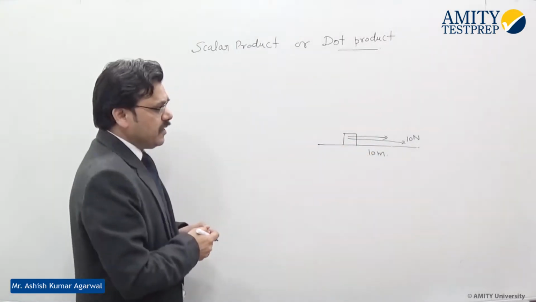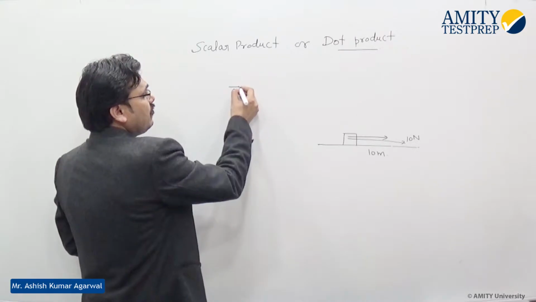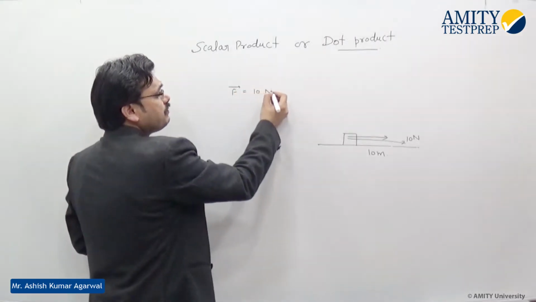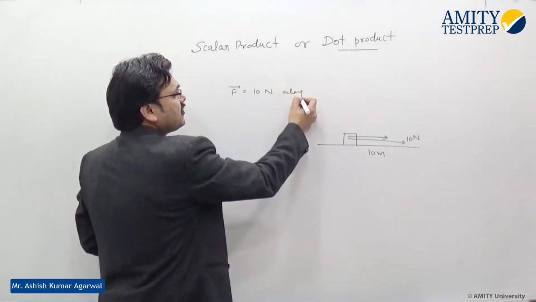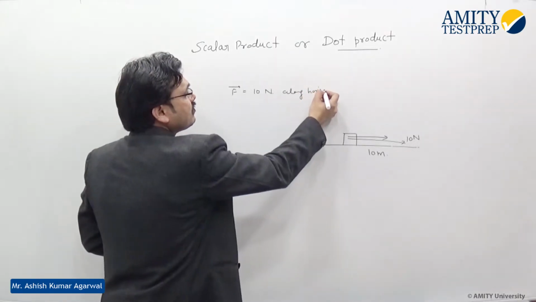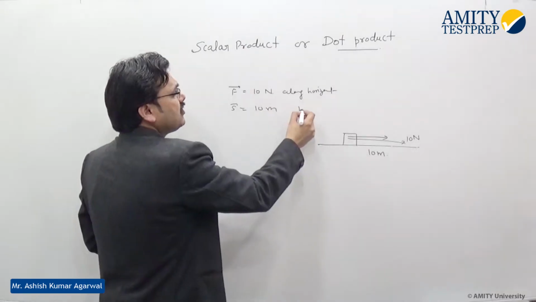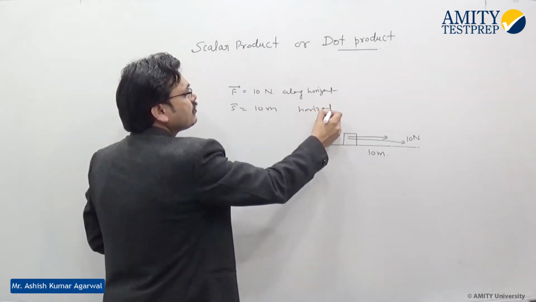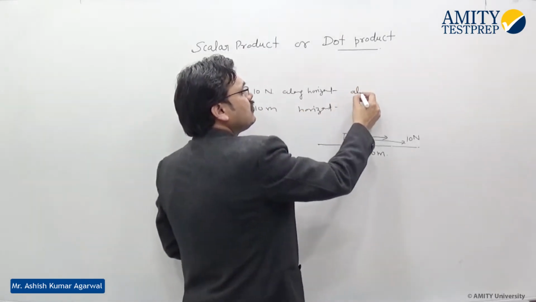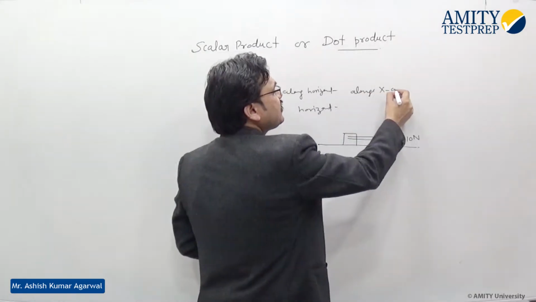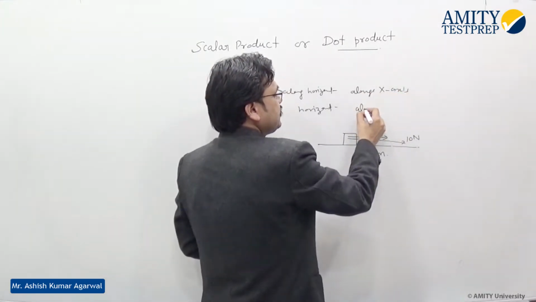Now simply, force is 10 Newton along the horizontal direction and displacement is also 10 meter horizontally, or I can say along the x-axis. If I am considering the x-axis, it is along the x-axis.